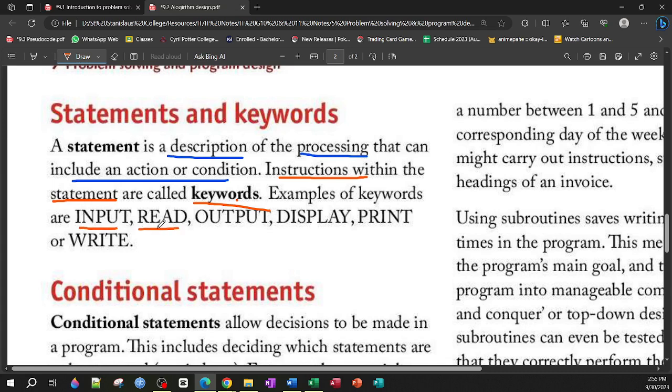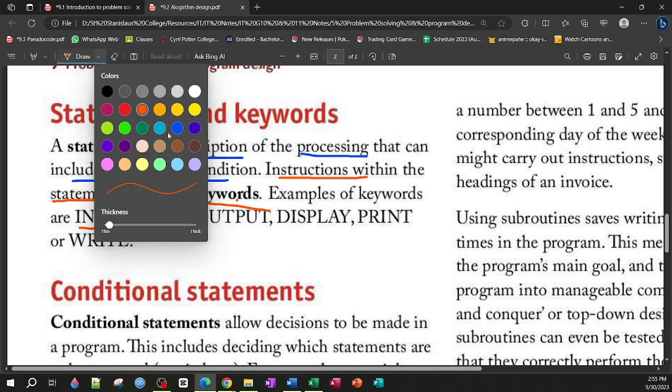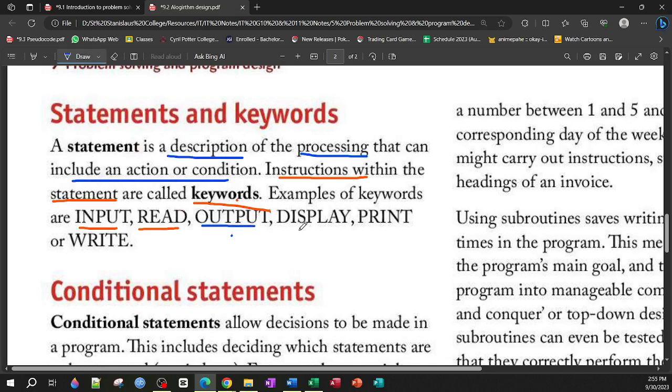I'm going to keep these two under red because they indicate the same thing. And the rest I'm going to underline with blue because these four indicate the same thing. So input and read are keywords. They indicate that data is going to be placed into the computer.